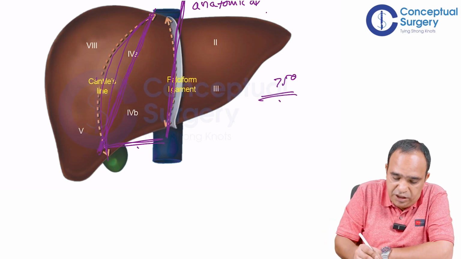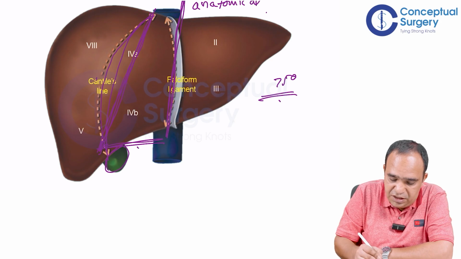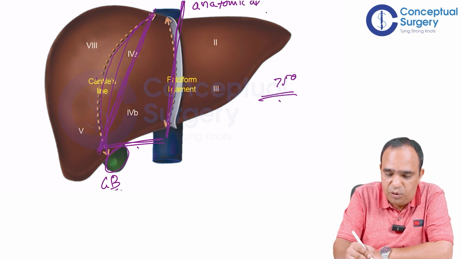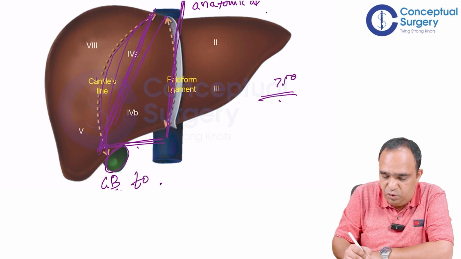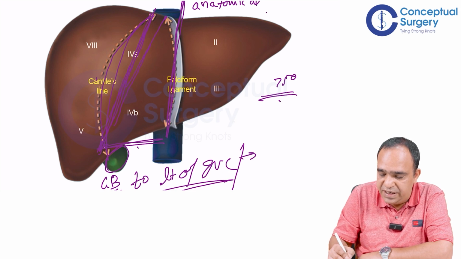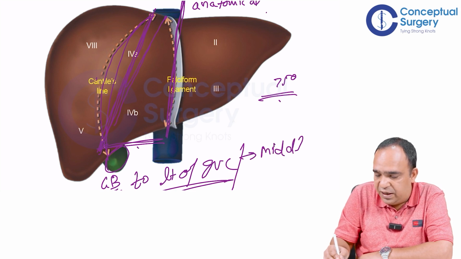And it's a line joining, if you see this green structure, this is the gallbladder and this is the IVC. Normally it is on the left side of the IVC, gallbladder to the left of the IVC, and more precisely it is the middle hepatic vein. I'll show you a picture.